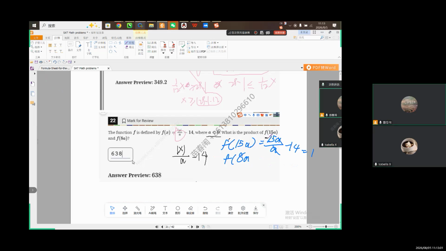Oh, I think that's where I went wrong. A is negative, so negative. For F's value, you have to think about two situations, right?